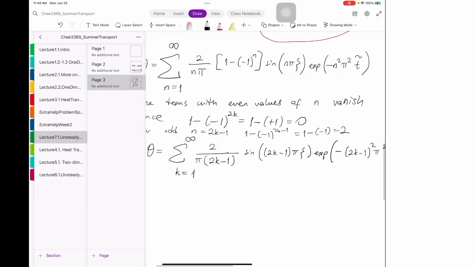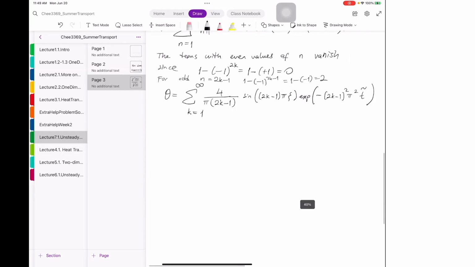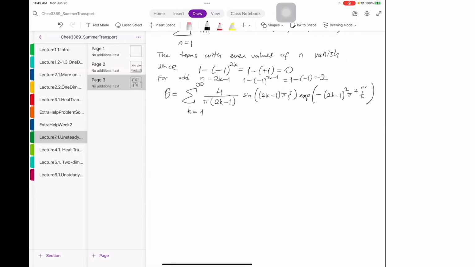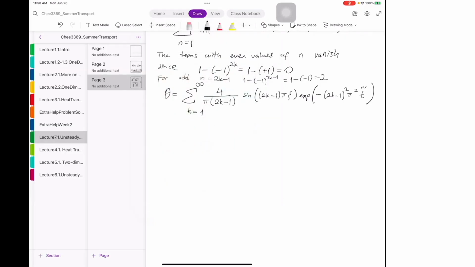It gives you 2. So you basically have 4 here instead of 2. Okay, good. So that's it. Let's box it. Okay. Good. Any questions so far?